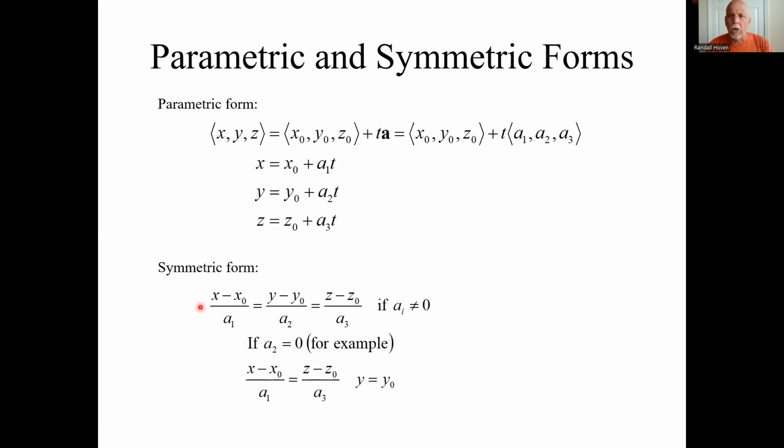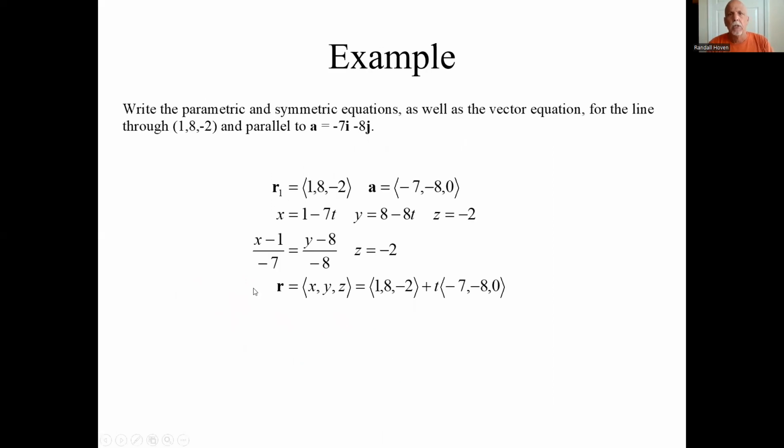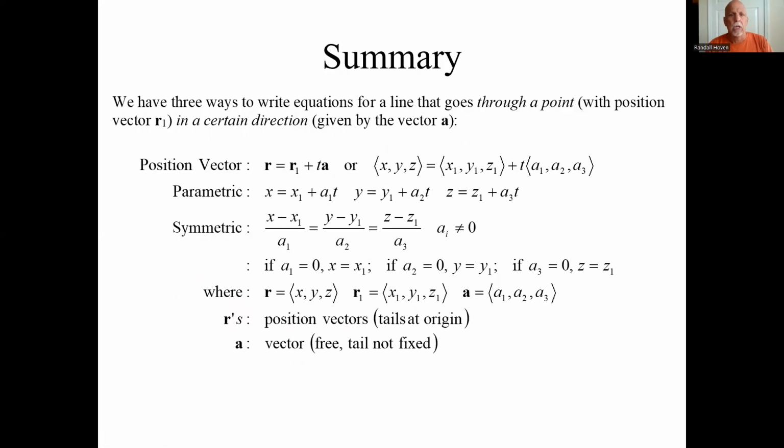So this is a little nuanced part that you have one of them equal to 0. This format for writing equations of lines, or an equation of a line, is called the symmetric form. We have 3 ways of writing them. It summarizes 3 ways: the vector equation, parametric form, and the symmetric form, where these R's mean position vectors.